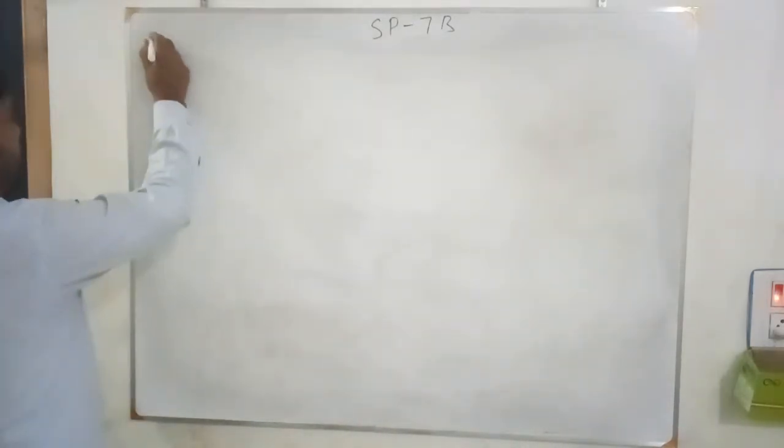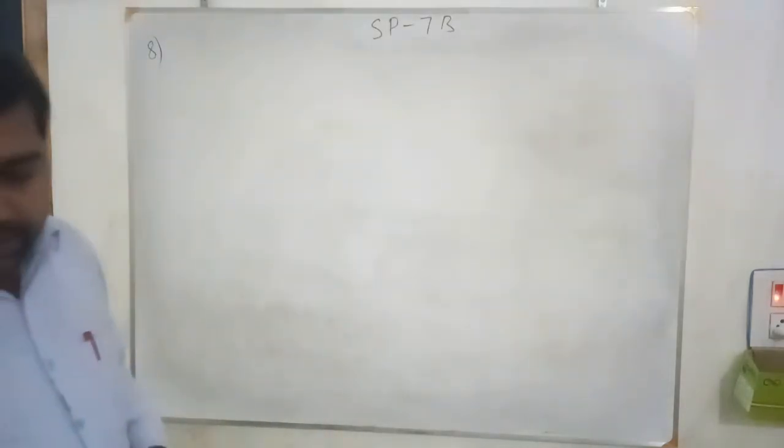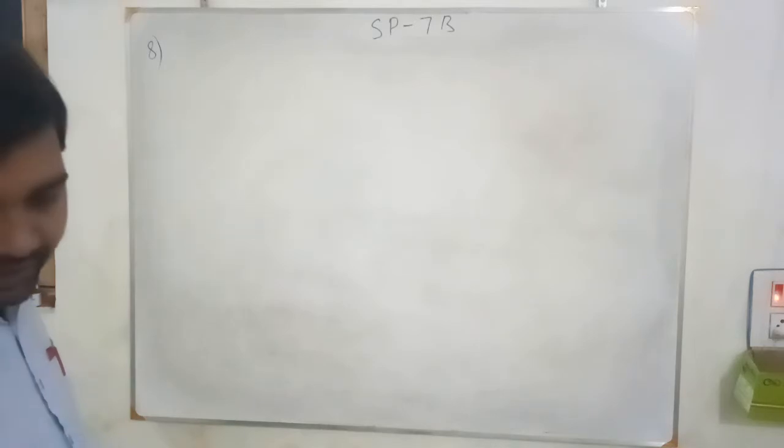What is question number 8? He is given a man spends 5 by 9 of his monthly income.